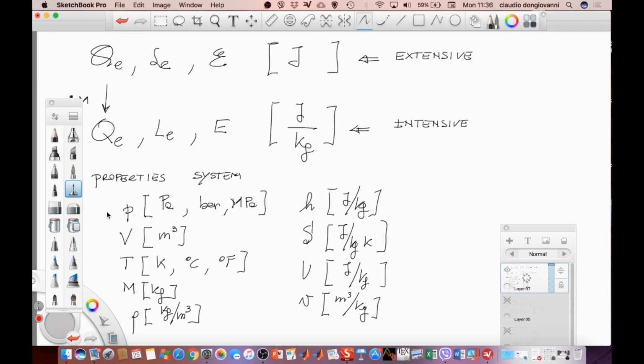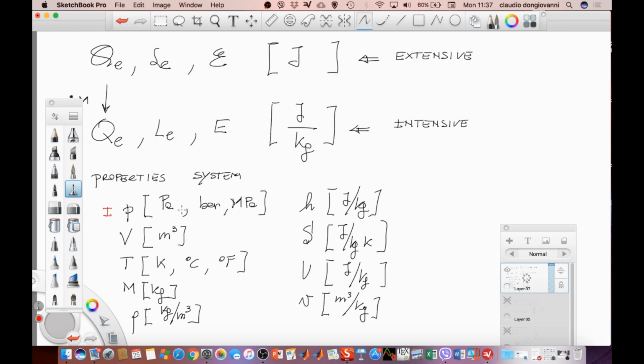If you have one box with 10 kilograms of gas at 10 bars, and you take another box with another mass but always 10 bar, the property is always the same. This is intensive. This does not change by changing the mass of the system.